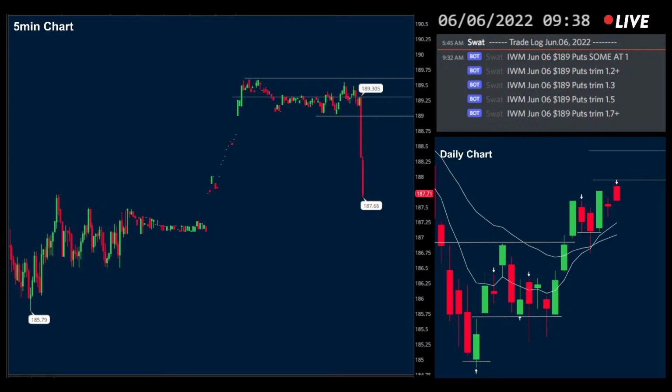Okay, IWM, some more fading. Here we go, guys. Come on. That's it. New lows on the day. IWM coming.